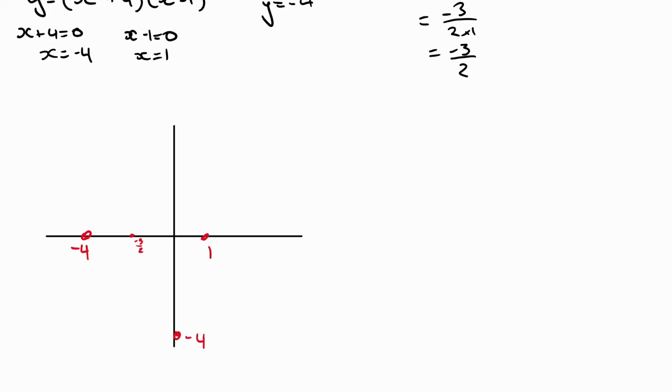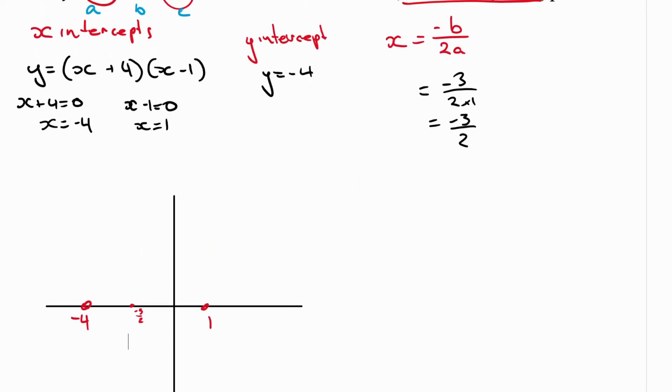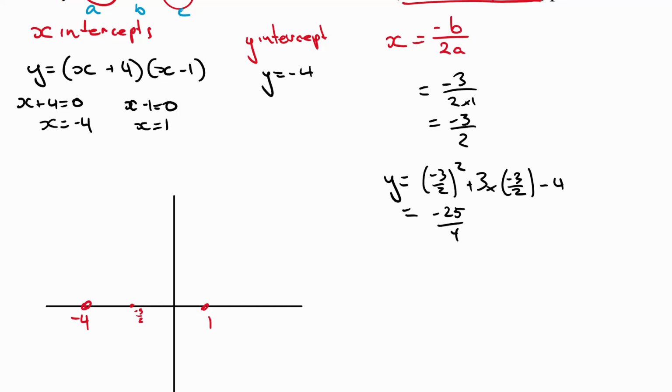I should probably try to find my y value for that point. So what I'm going to do is go y equals negative 3 over 2 squared plus 3 times negative 3 over 2 minus 4 equals, and it occurs at negative 25 over 4, or if we wanted to just quickly write it out, negative 6.25.